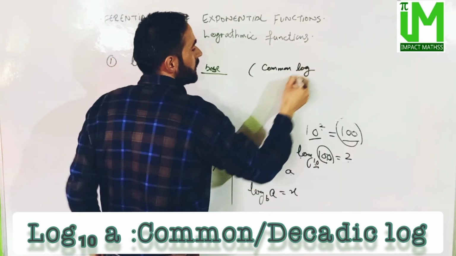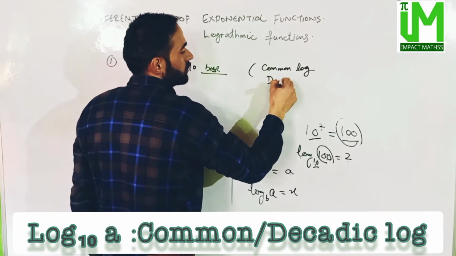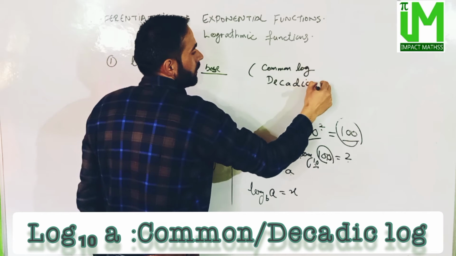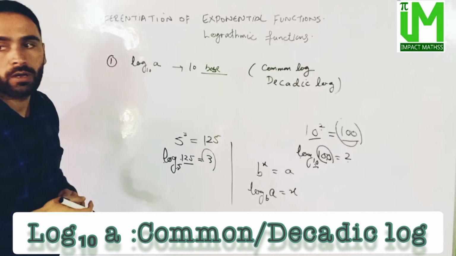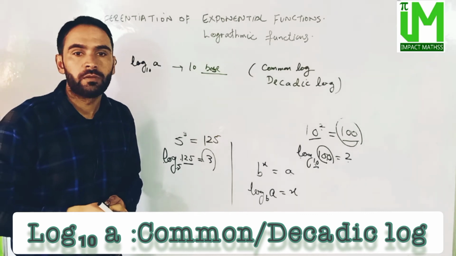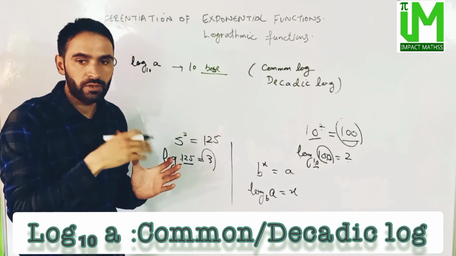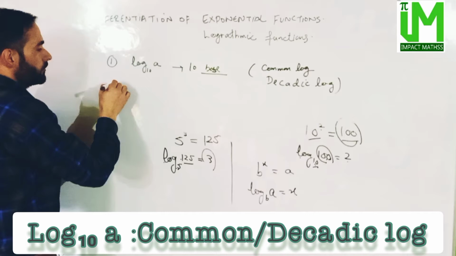It is also called the decadic log. So common log or decadic log means log with base 10.